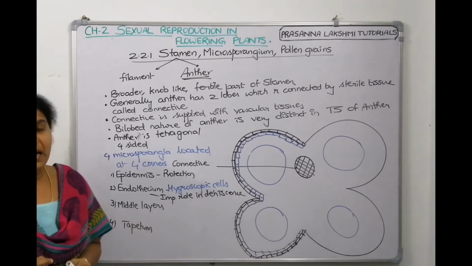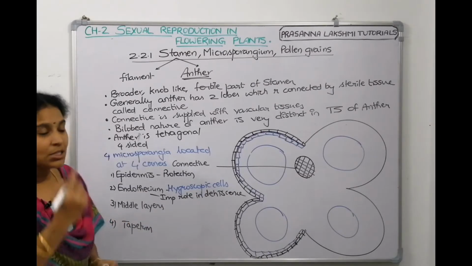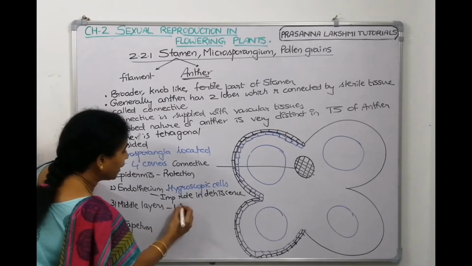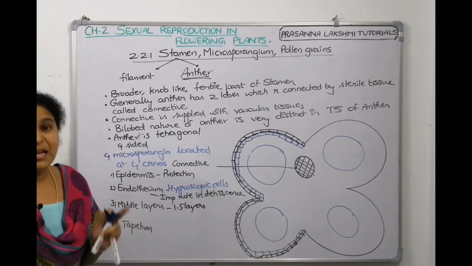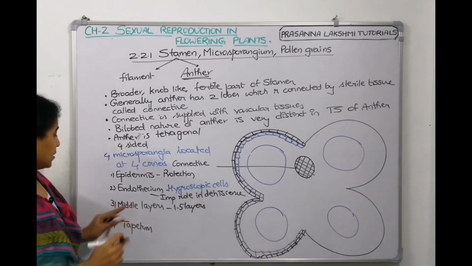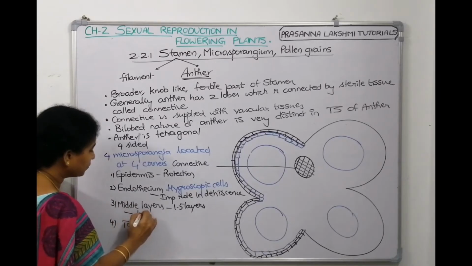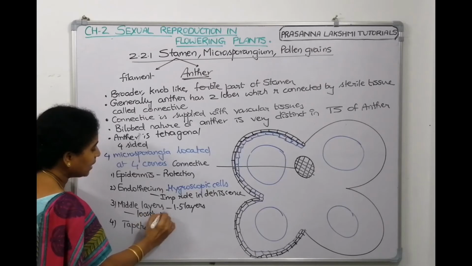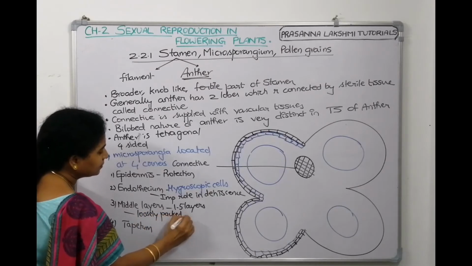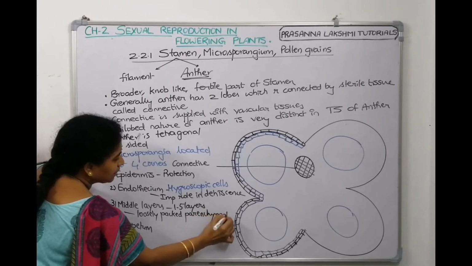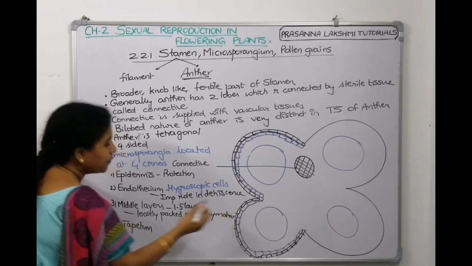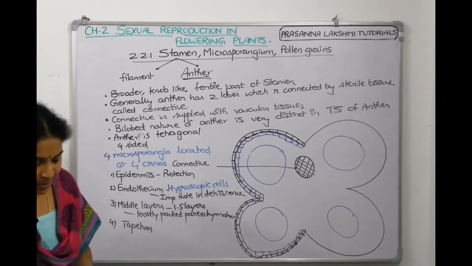Now, coming to the middle layers. This means 1 to 5 layers of cells will be there, made up of loosely packed parenchymatous cells.